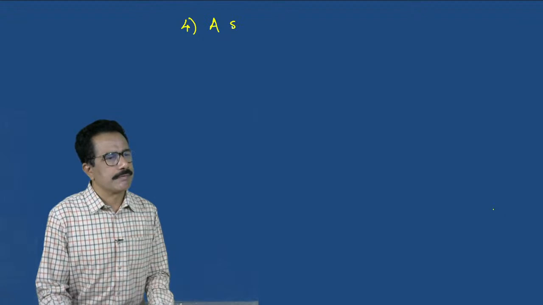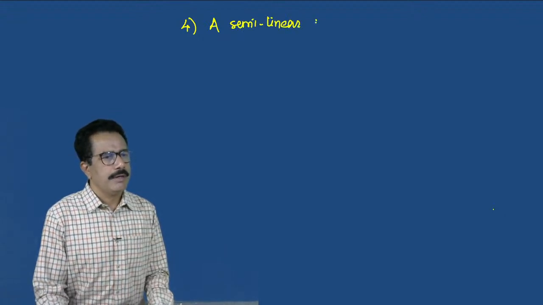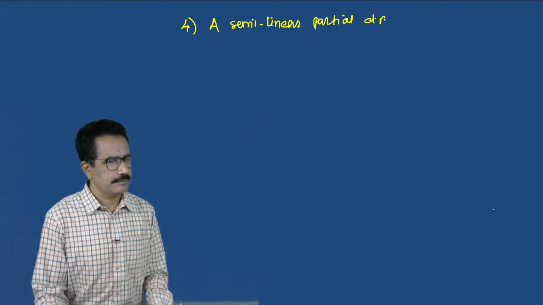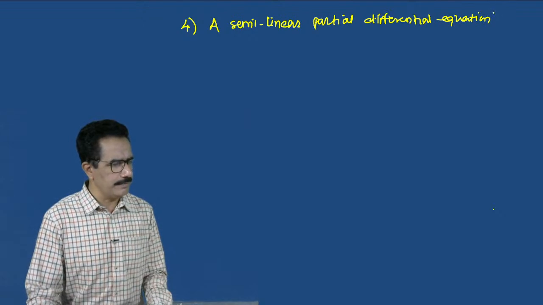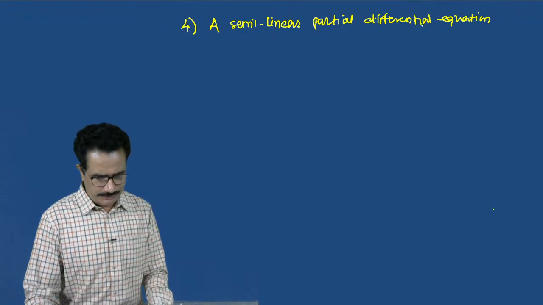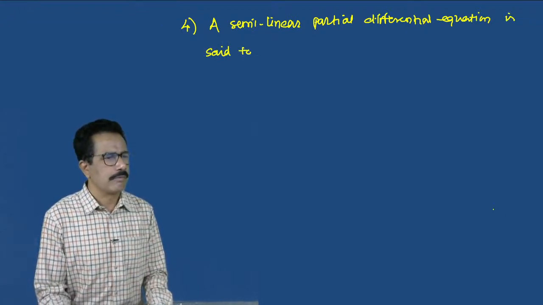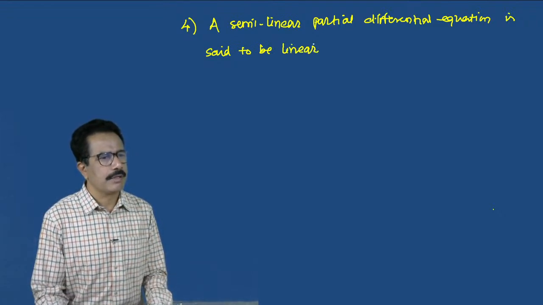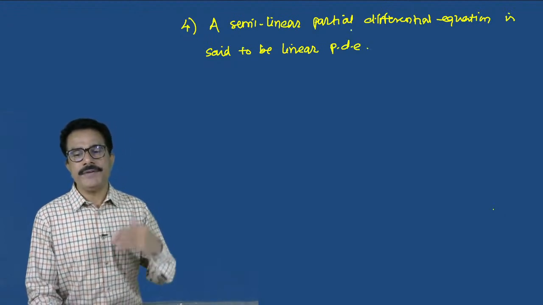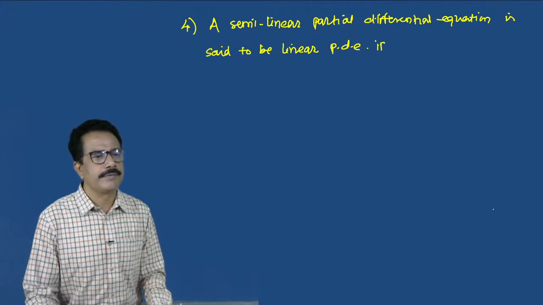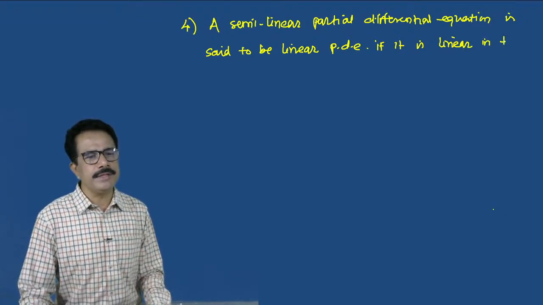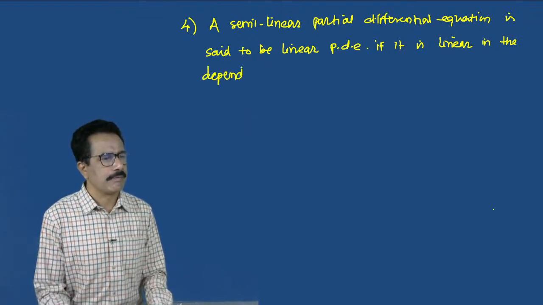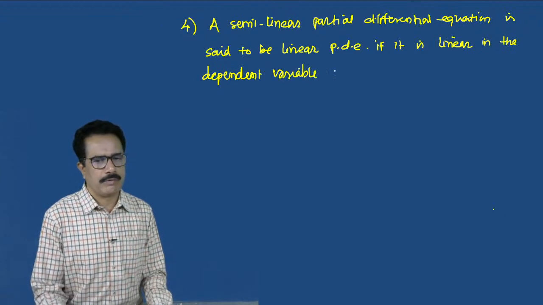A semi-linear partial differential equation is said to be a linear partial differential equation if it is linear in the dependent variable and its derivative.